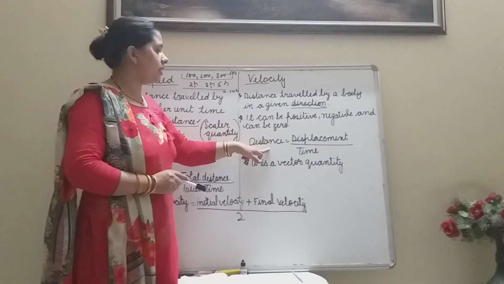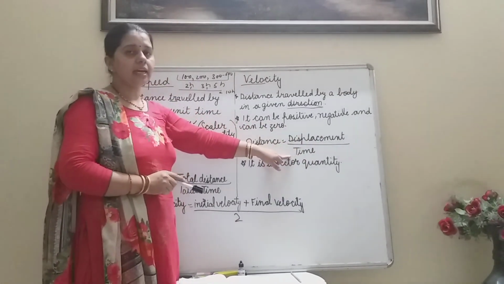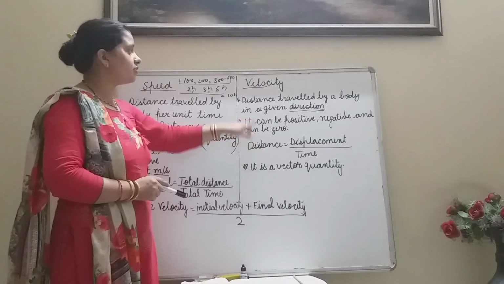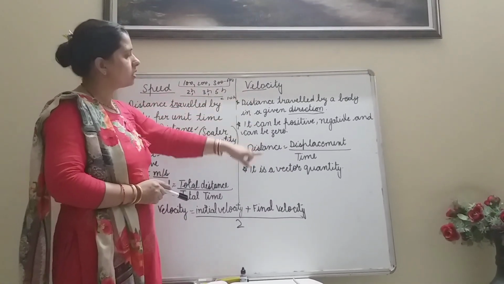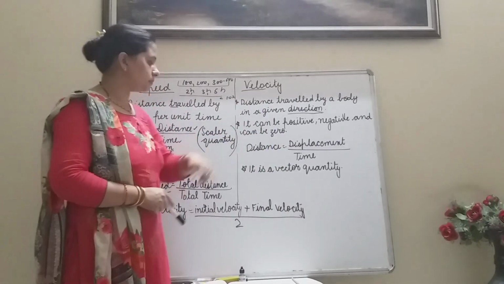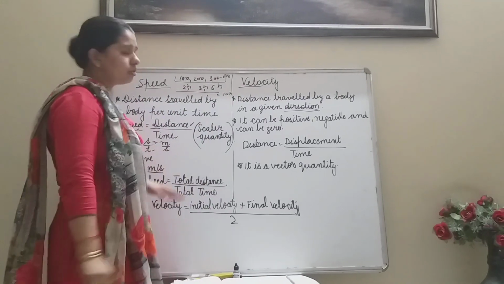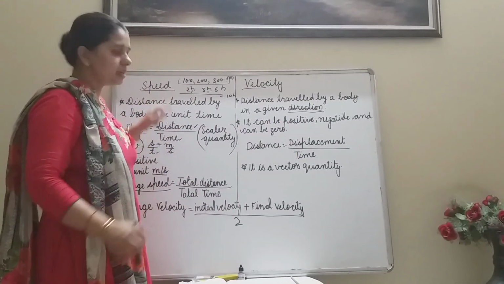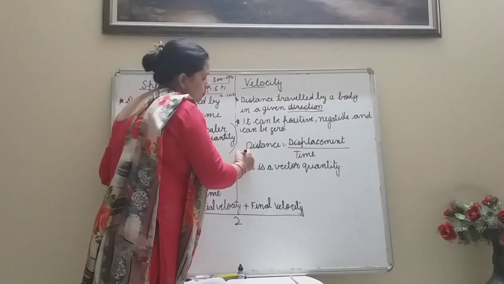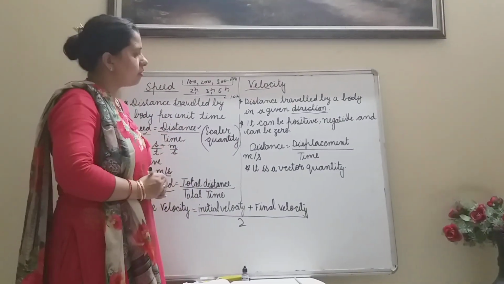And the formula of velocity: velocity is equal to displacement upon time. And the SI unit of velocity is equal to the SI unit of speed. What will be the SI unit? Meter per second. Why?